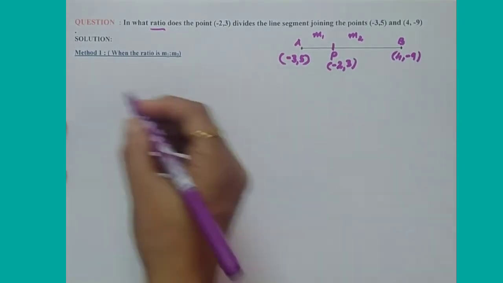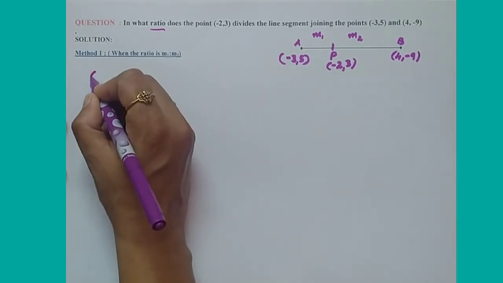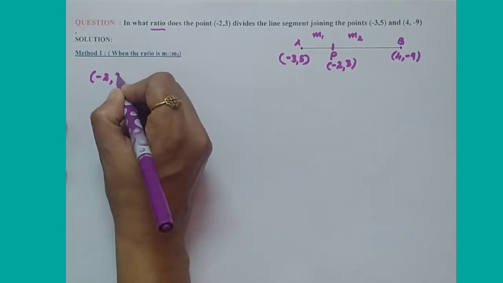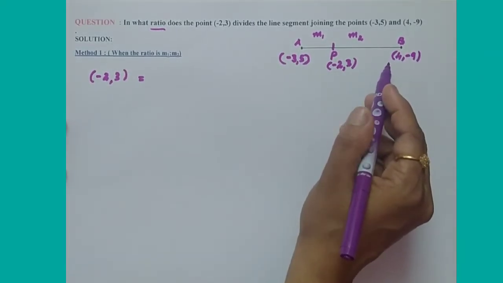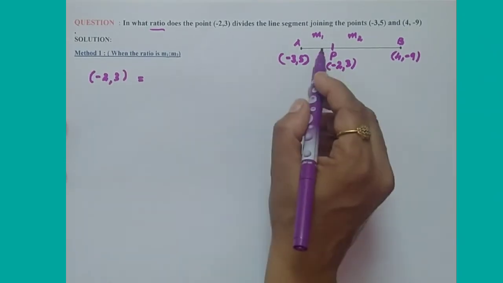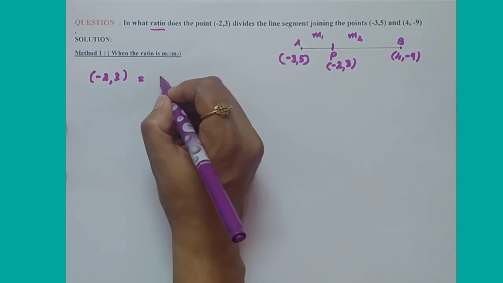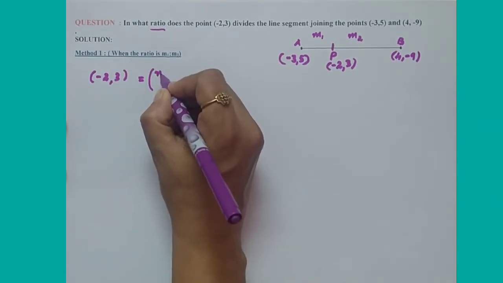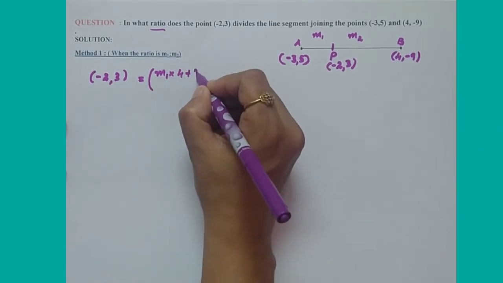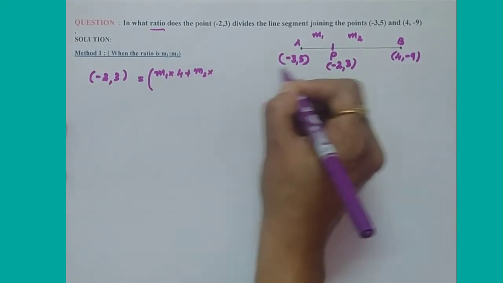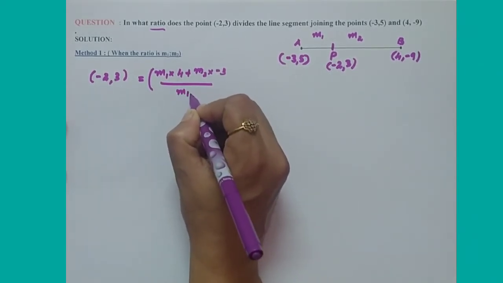Already I told you that on the left side you need to take the section point. Your section point is (-2, 3) and equal to, on the right side you need to apply the section formula. The section formula is m1 into the farway x coordinate 4 plus m2 into the farway x coordinate -3 divided by m1 plus m2.